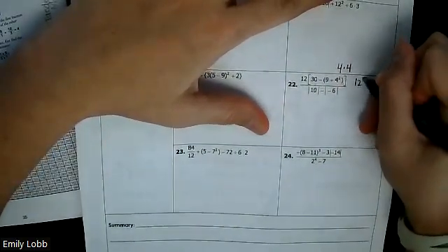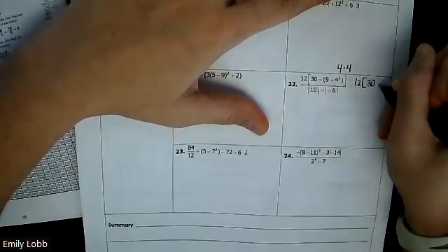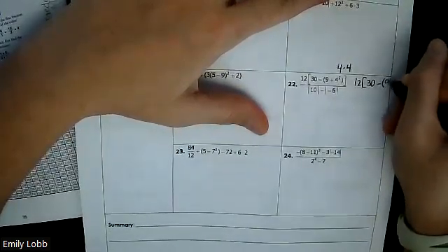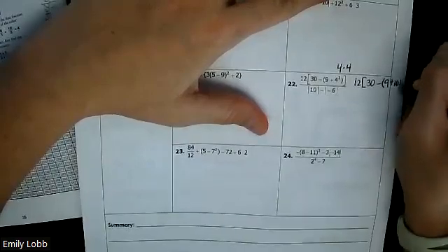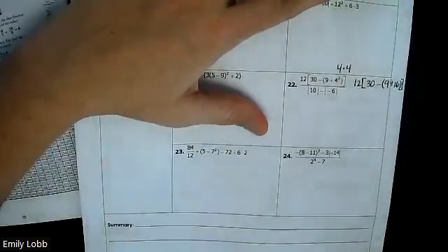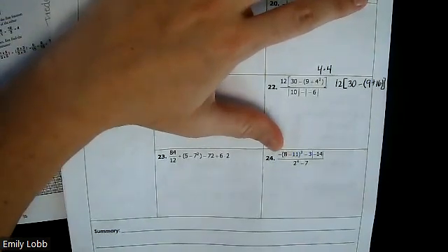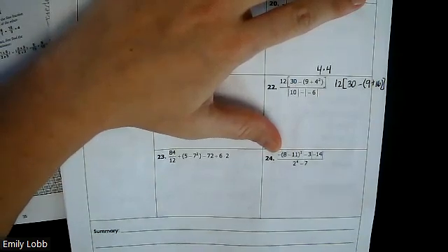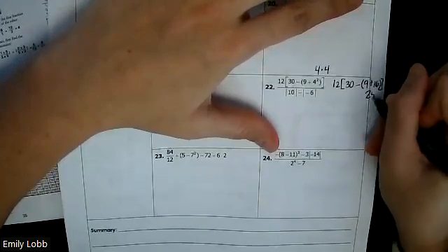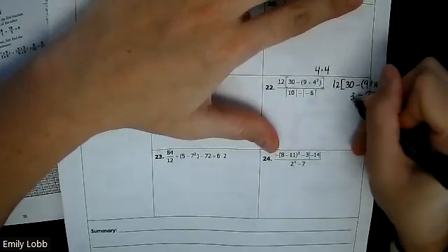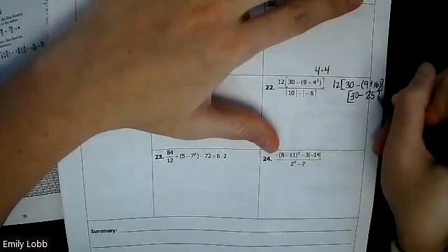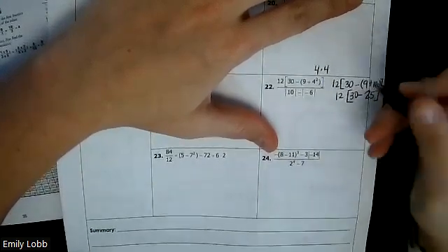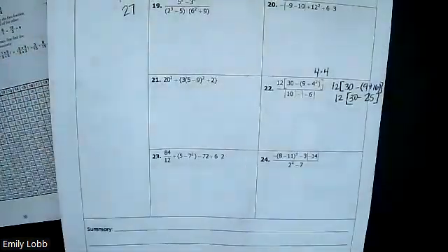So I have 12, open my bracket, 30 minus 9 plus 16 is in here. What's 9 plus 16? Nine plus 16 is 25. So what's 30 minus 25?